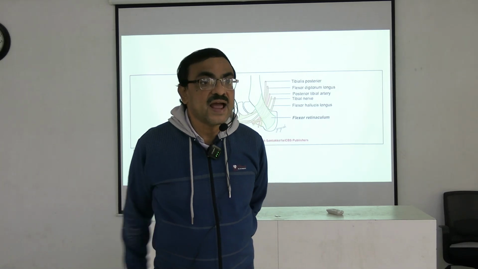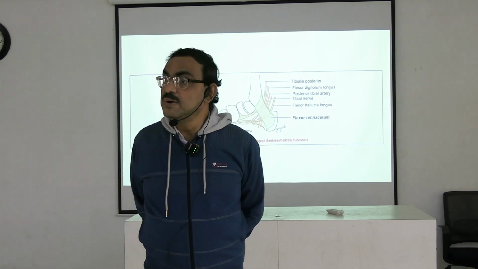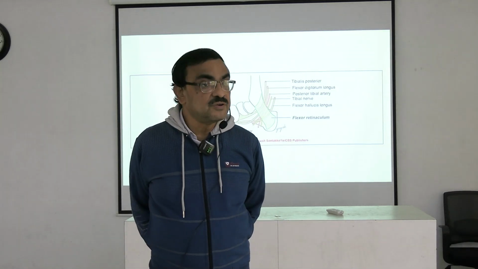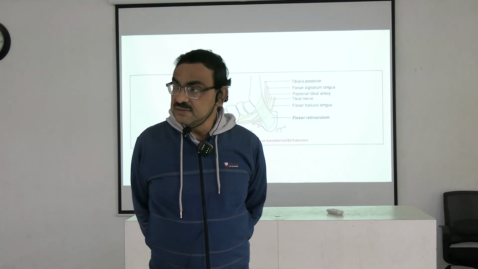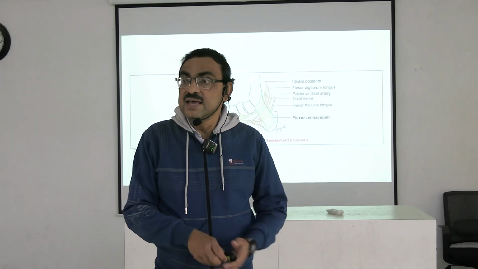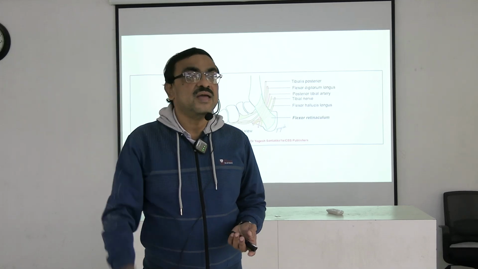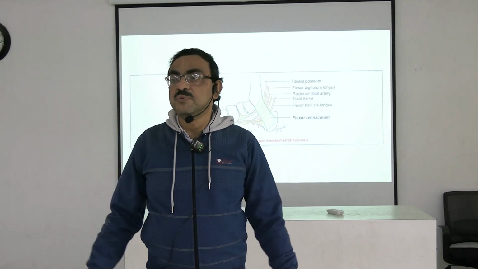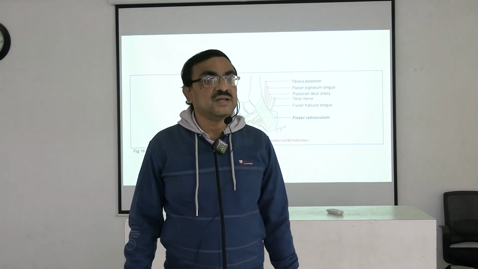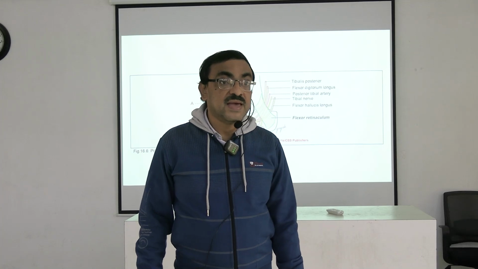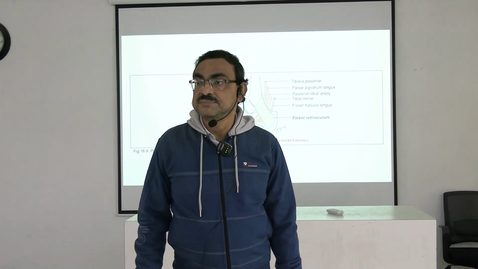It is primarily attached to the tuberosity of the navicular bone. But from here, there are some expansions. Those expansions are going to all the tarsal bones, underneath the tarsal bones, except talus.